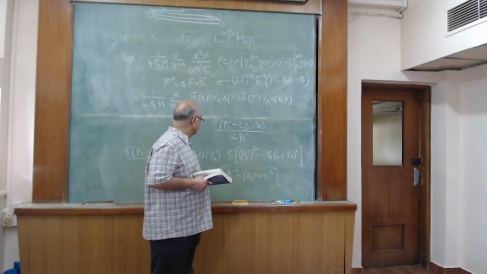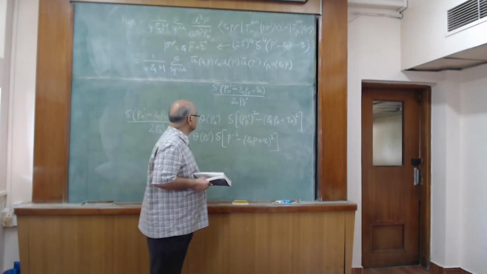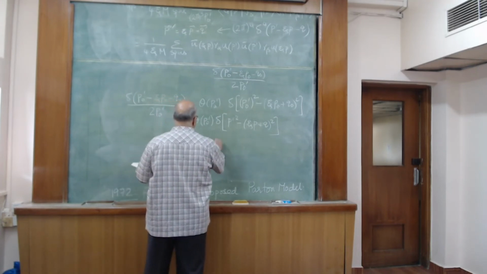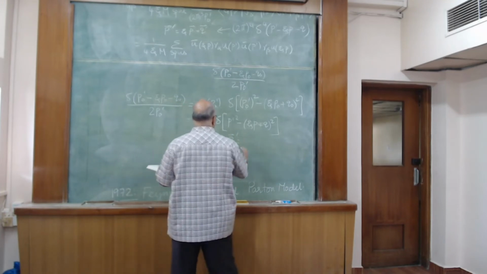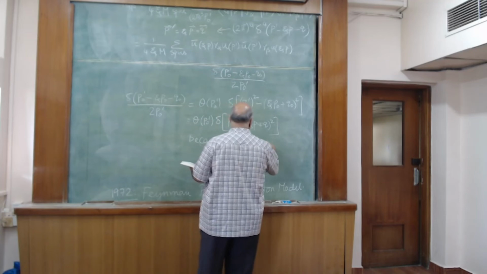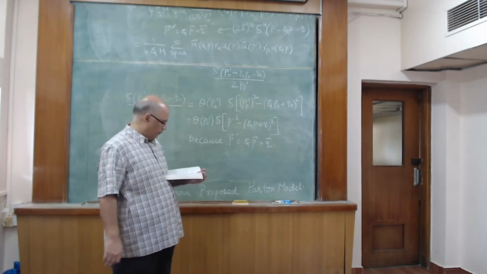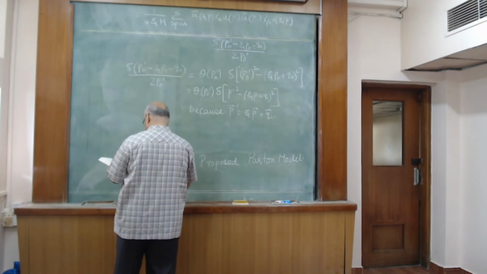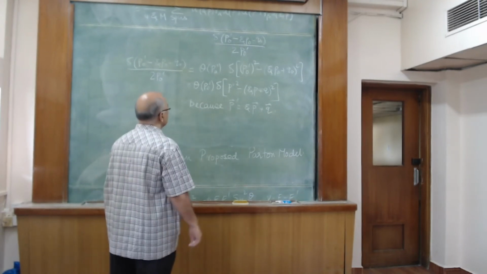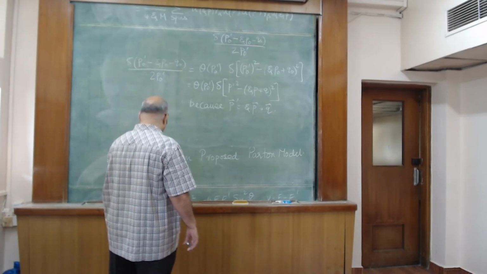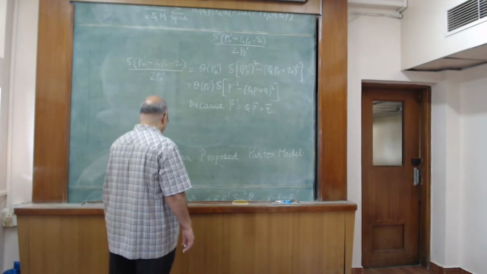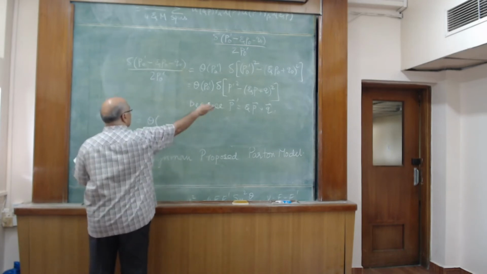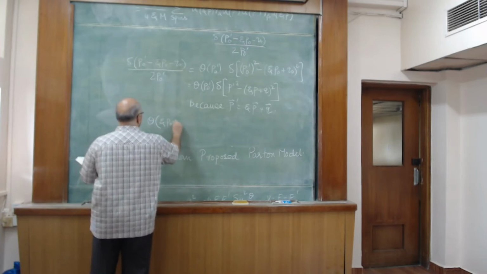So because P prime is equal to xi P plus Q, and now if you square this, you will find that this is theta times, instead of P naught prime, I will write xi P naught plus Q naught.